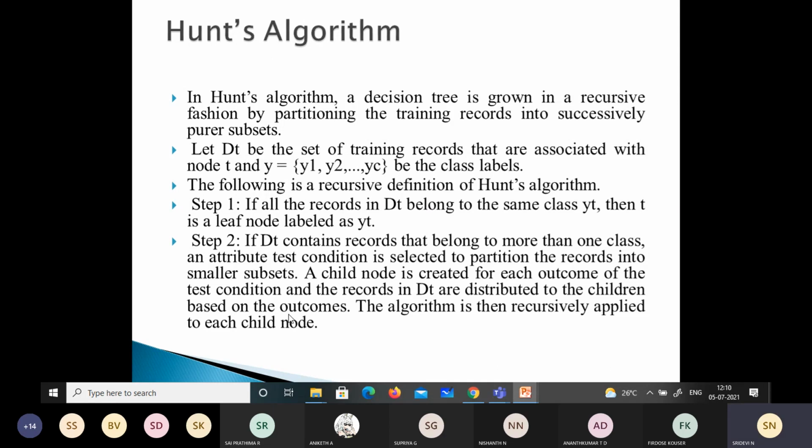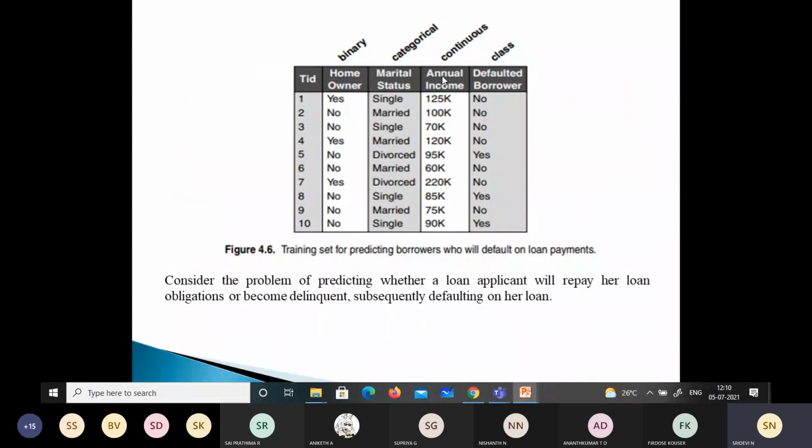In case all the records in that training set belong to the same class, suppose we have two classes like yes or no. If we take this example here, this is the class label. If we had all no or all yes, that's the first case.